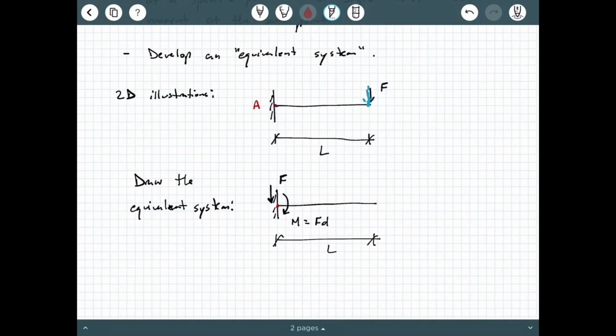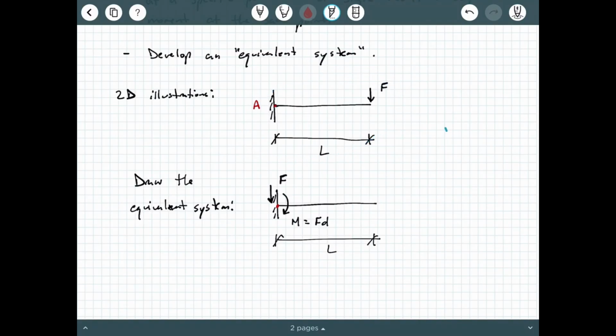Well, this force is causing a moment about point A, correct? Force times perpendicular distance. So a moment is being generated about point A. So not only is point A feeling the effect of a point load F, but it's also feeling the effect of this bending mechanism right here, M, and that's equal to force times perpendicular distance. This would be the equivalent system that is statically equivalent to the first system I drew here.